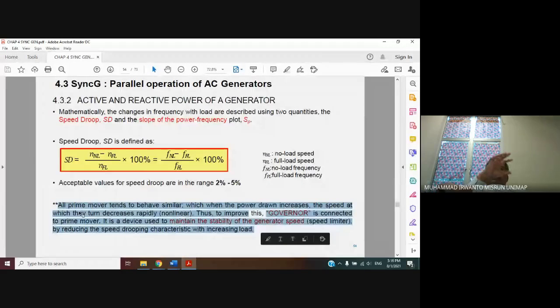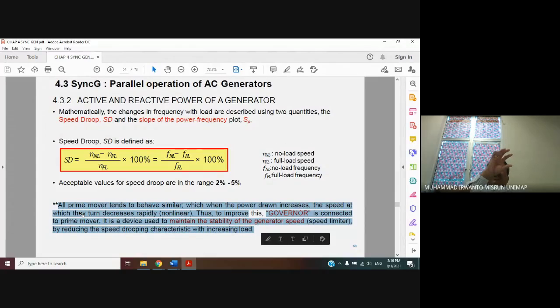And then there is a controller. The controller will detect the value of the speed of the rotor. There is a device to open and close, or to control, the gate of this valve here.